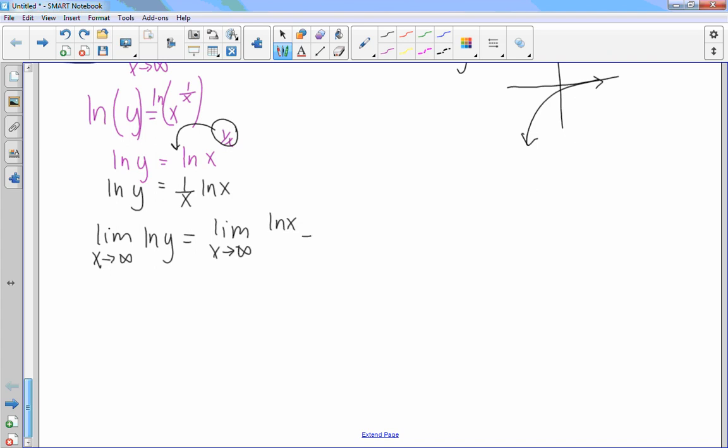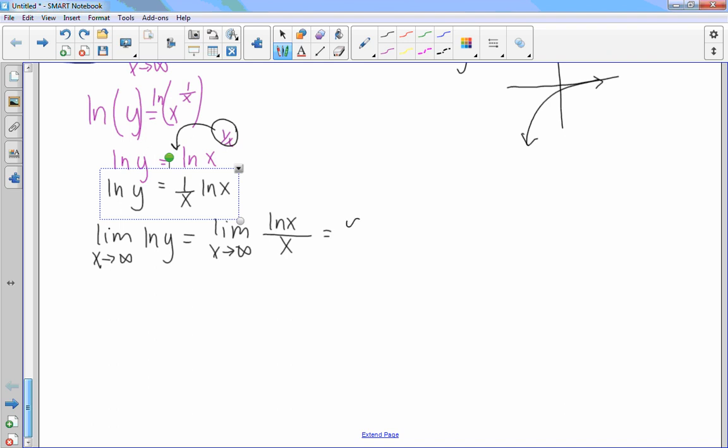Natural log x. And the denominator function? Just x, because right here, our x is in our denominator. Okay? So we plug in infinity into natural log x and the x. It's in indeterminate form. Yep, it's going to be infinity over infinity.